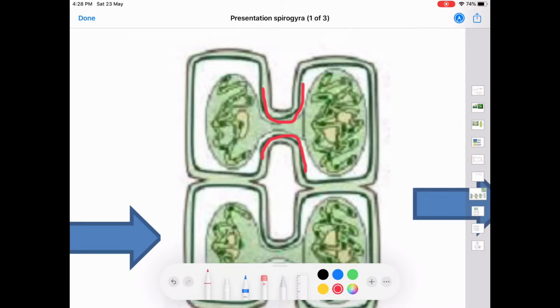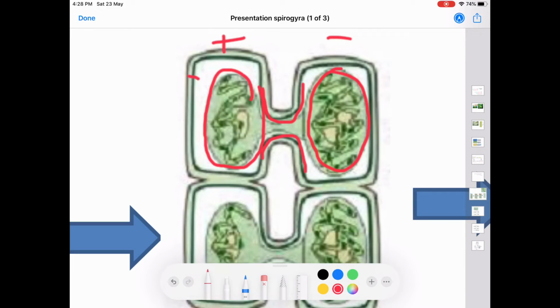That is, the protoplasm from the male filament can move into the female filament through the conjugation tube. During the formation of the conjugation tube, the cytoplasm inside both the cells rounds off, producing the gametes.